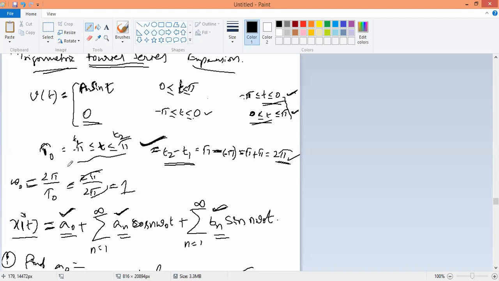So the overall time interval is minus pi less than or equal to t less than or equal to pi. Here the t1 value is minus pi and the t2 value is pi.